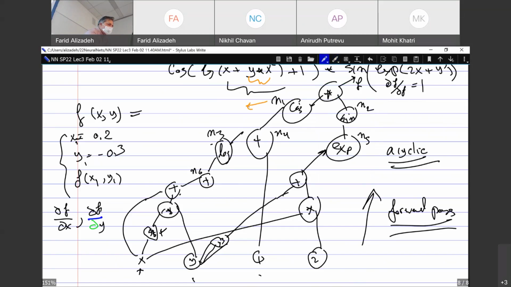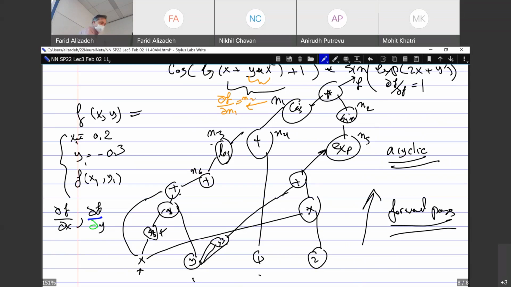Let's look at this node. What is the derivative of f with respect to n1? So n1 is cosine of something. I don't care, I call it n1. F is just n1 times n2. Right? The derivative of this is just n2.